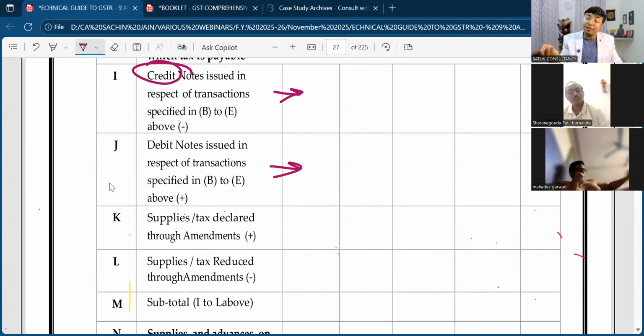If any payable is reported in GSTR-9, you have to pay the taxes. But if there is any reversible thing, if there is any situation in which you have to reduce your output tax or claim your input tax credit, you will not be eligible. Forget the amount. The same will lapse. Okay. That is the purpose we need to keep in our mind.